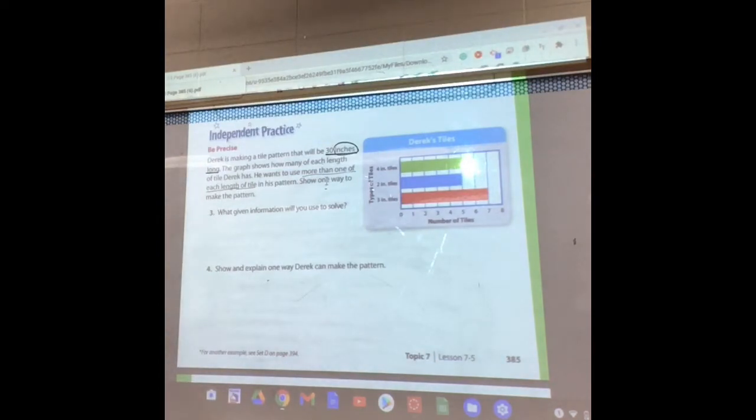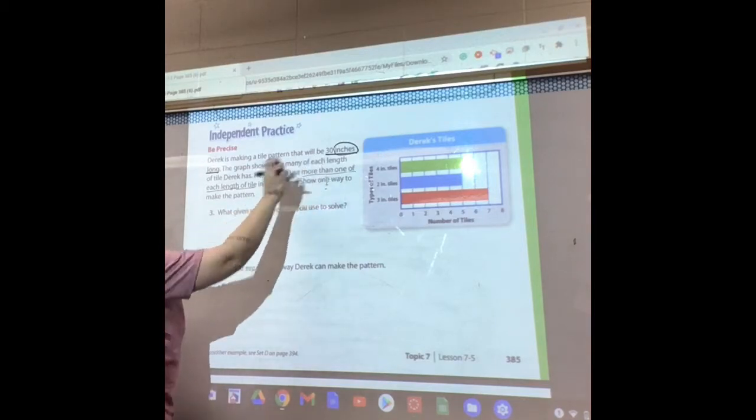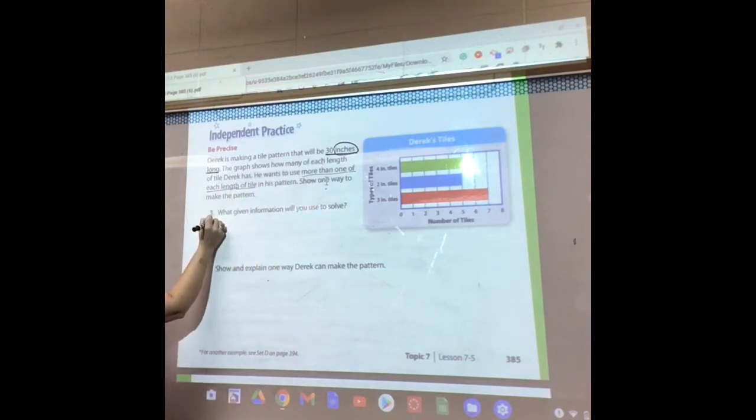So what given information will we use to solve? Well, first we're going to use that Derek wants a total of 30 inches, okay?